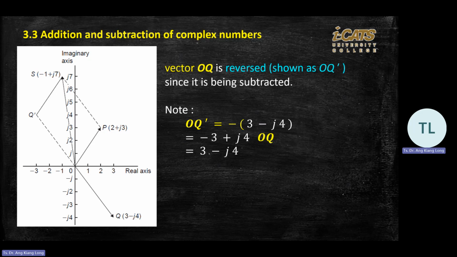If you reverse, then you mark it as negative. So when you put a negative sign in front of the complex number, 3 minus j4 will become minus 3 plus j4.